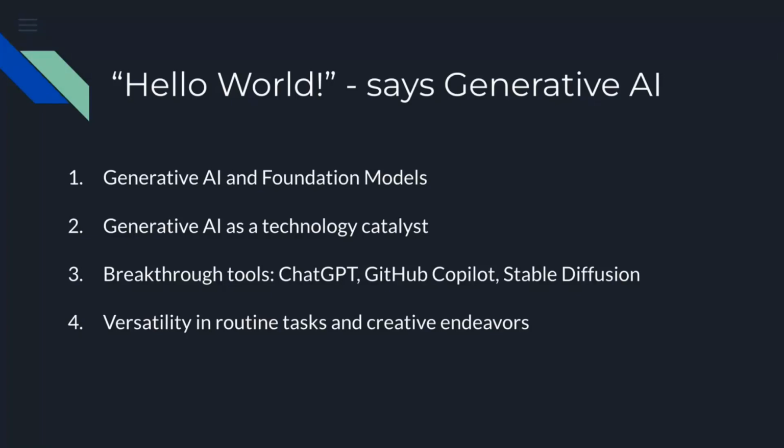Generative AI has been quite versatile in accomplishing routine tasks and also behaves very well as an assistant, especially in creative endeavors. So this is just a brief introduction about generative AI.